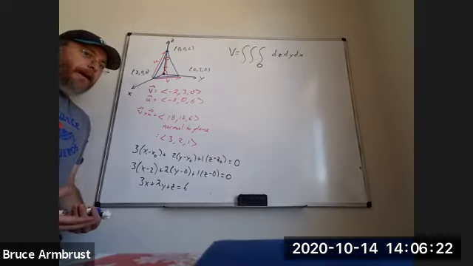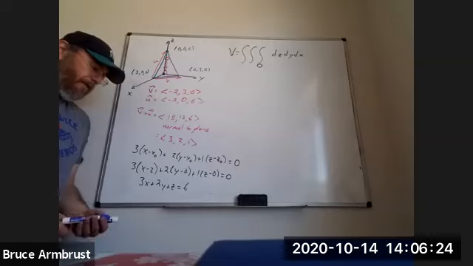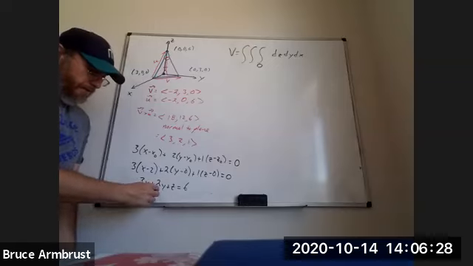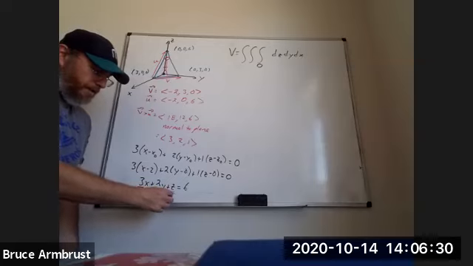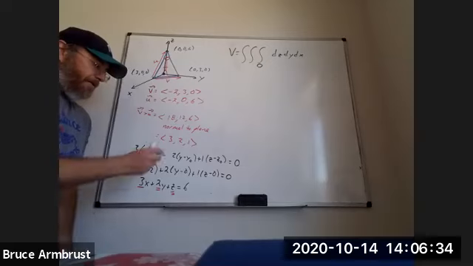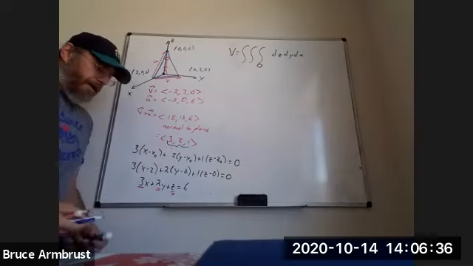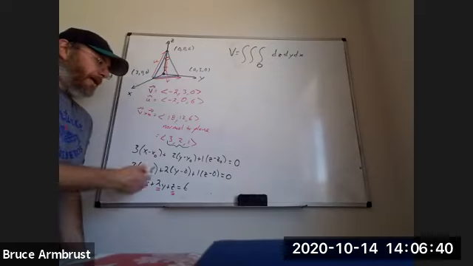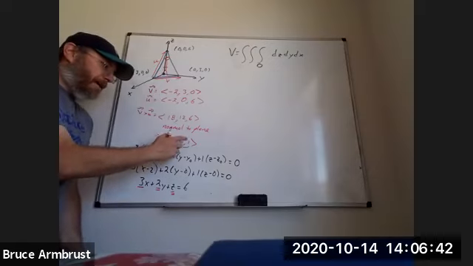I find it a little bit faster if you recognize this. Notice that in the end, we've got 3x, 2y, 1z. That was these right here. So as soon as I get my normal vector, I immediately write 3x, 2y, 1z.